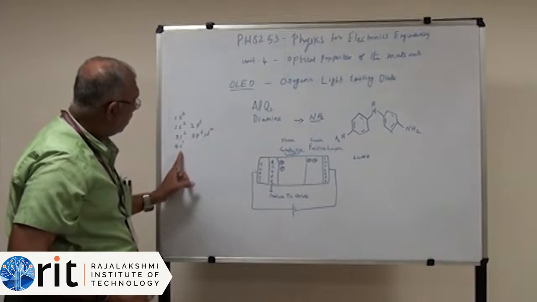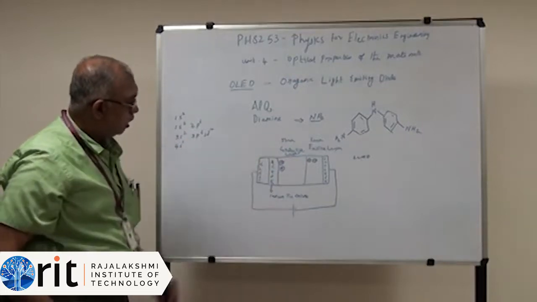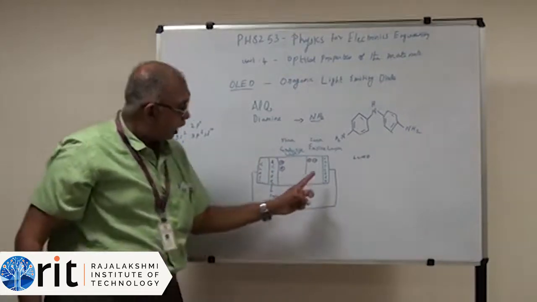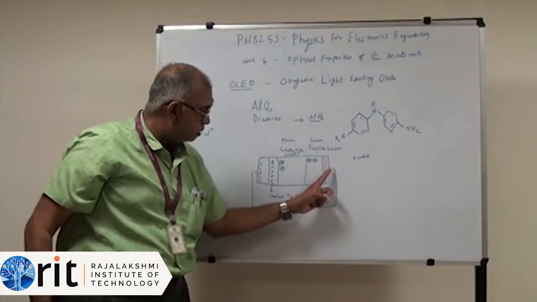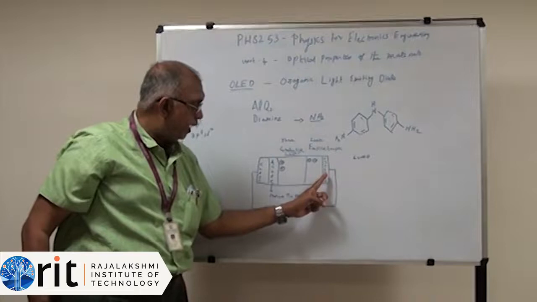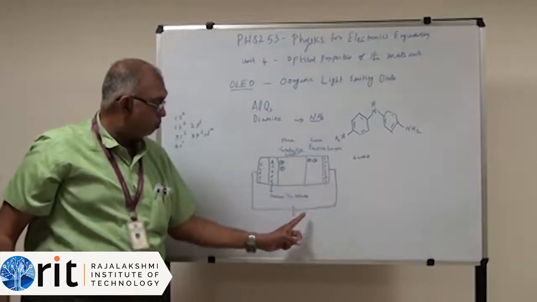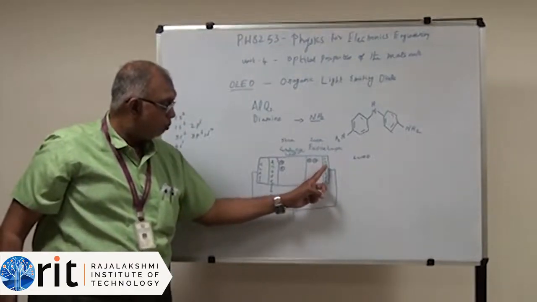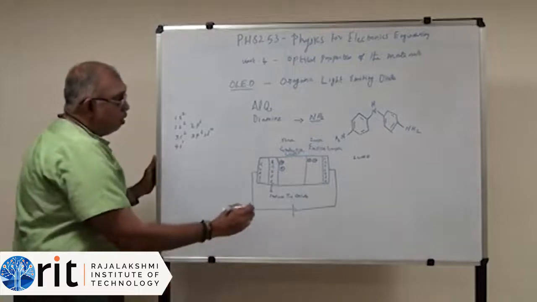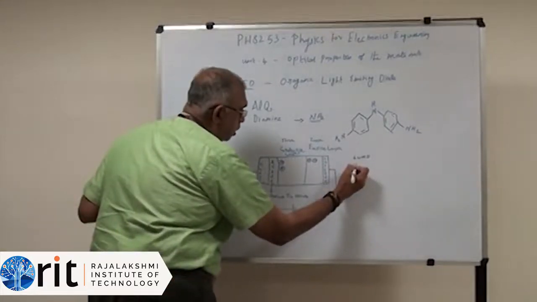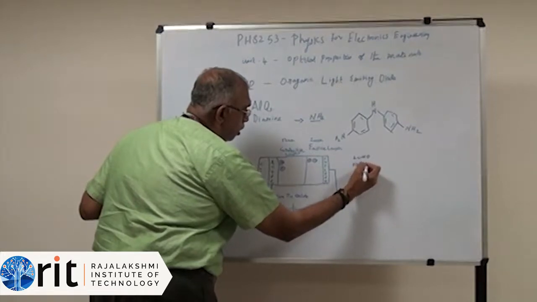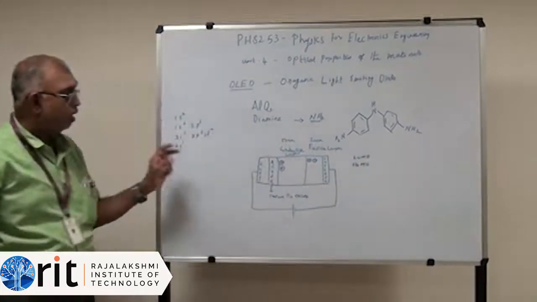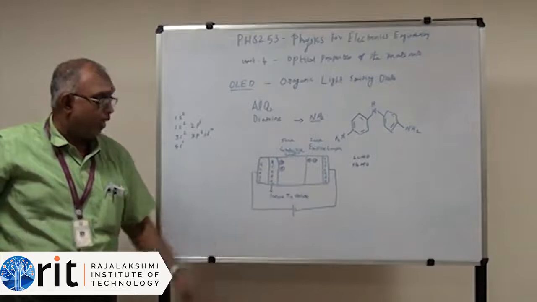It will be occupied by these electrons, and in order to compensate for the injected electrons, your cathode layer will get electrons from the battery. It will occupy highest occupied molecular orbitals in the cathode layer.